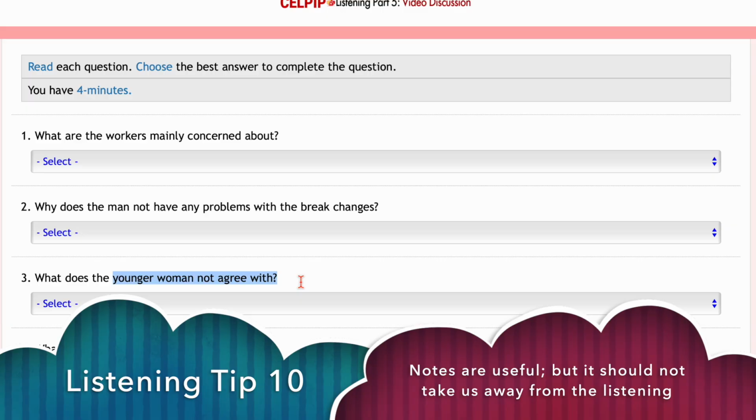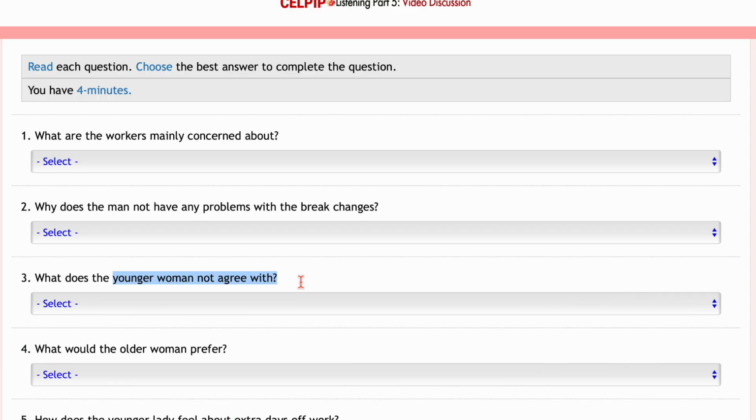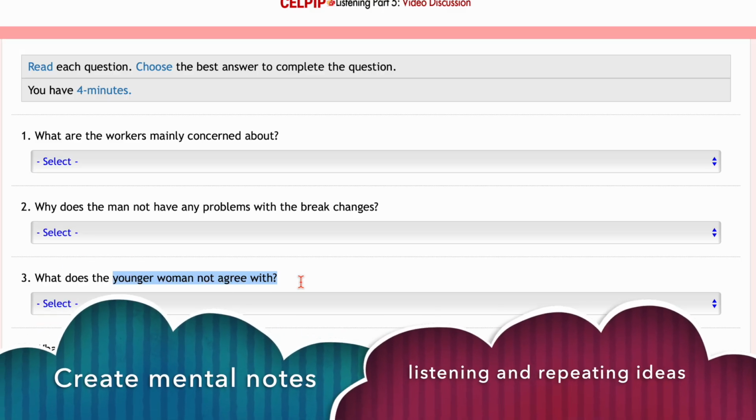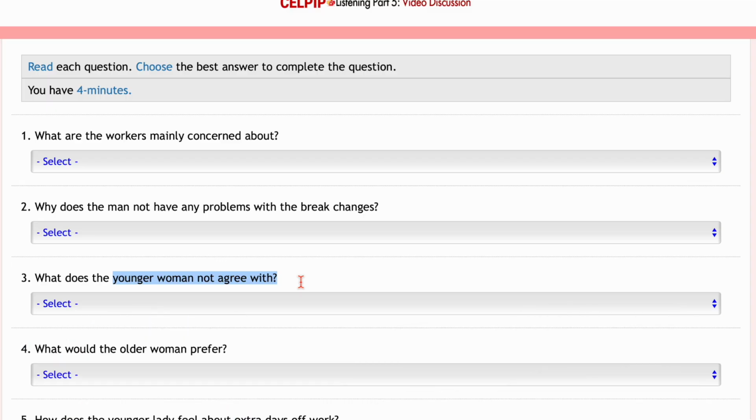I do remember that, or I do think that listening and repeating as much information is very important. Listening and repeating in your mind. This will give you some mental notes. Mental notes are important.